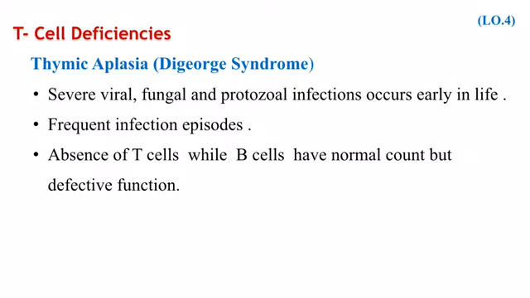Now T-cell deficiencies, thymic aplasia, DiGeorge syndrome. Severe viral, fungal and protozoal infections occur early in life.